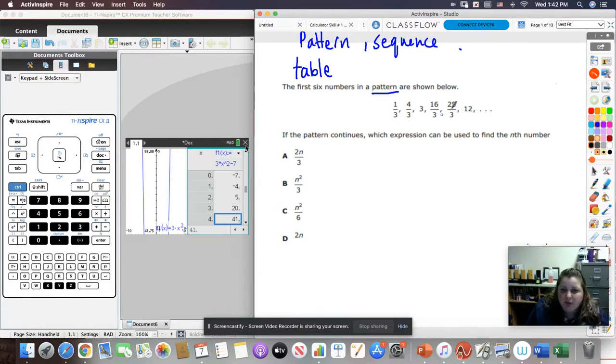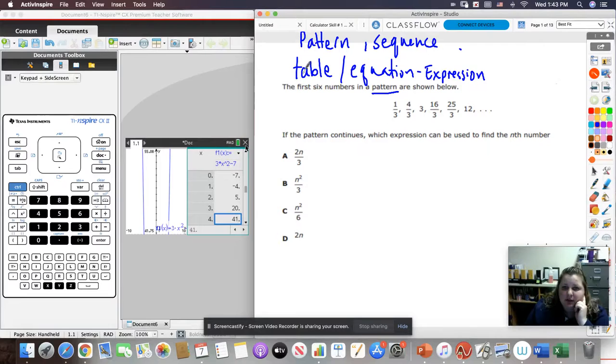If anywhere in the problem, answer choices or problem have a table, then vice versa, the answer choices or the problem is going to have an equation, or I'll put expression. So if you have a table, an equation, an expression, pattern or sequence, you'll know you're on calculator skill 2.